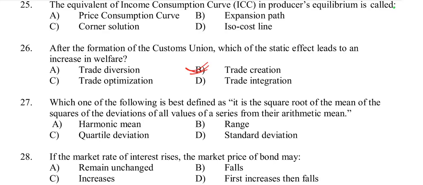Trade creation, option B, because trade creation occurs when a customs union leads to the replacement of higher cost domestic production with lower cost imports from other member countries. So this results in an increase in overall economic welfare. So it is called trade creation.